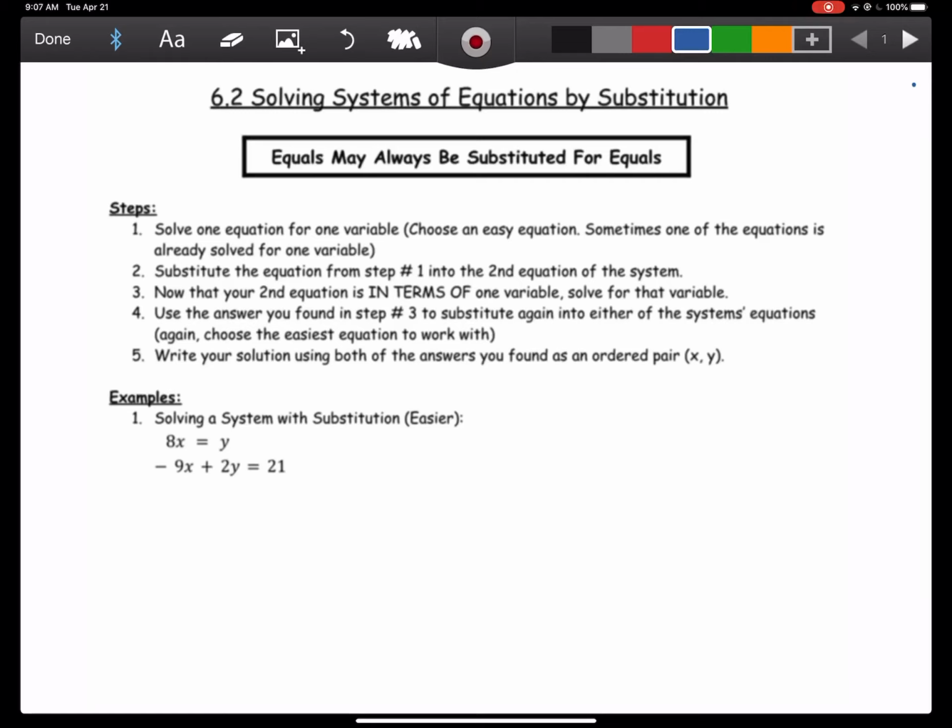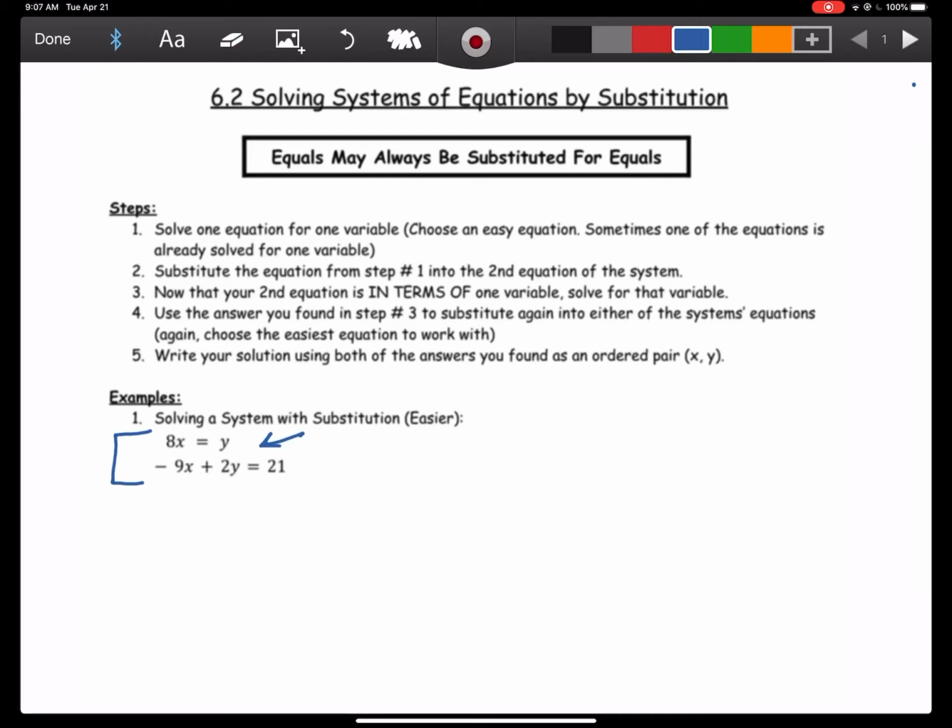So, step 1 is saying solve one equation for one variable. Choose an easy equation, meaning examine both equations. Notice how one equation might be easier than the other equation, in this case, the first equation.